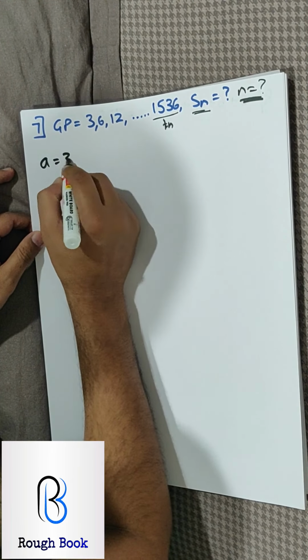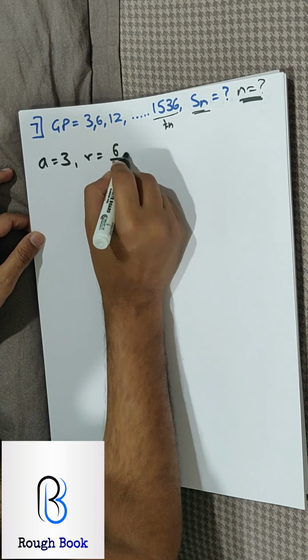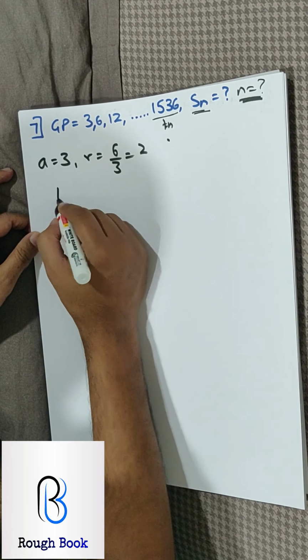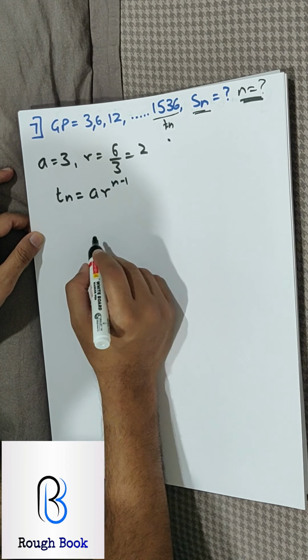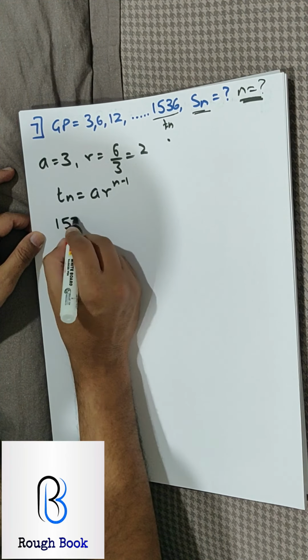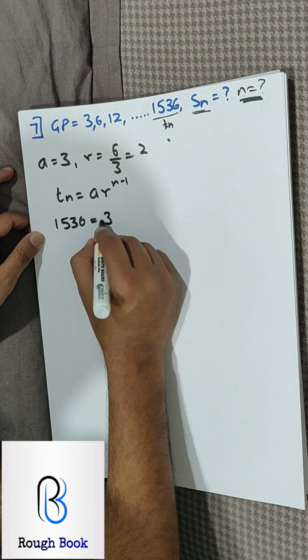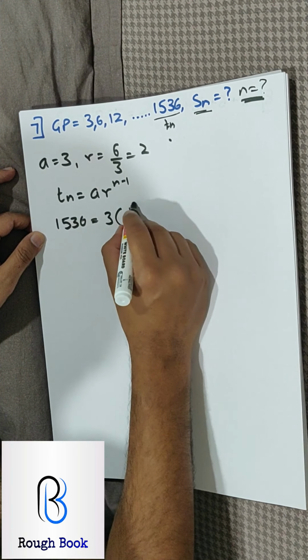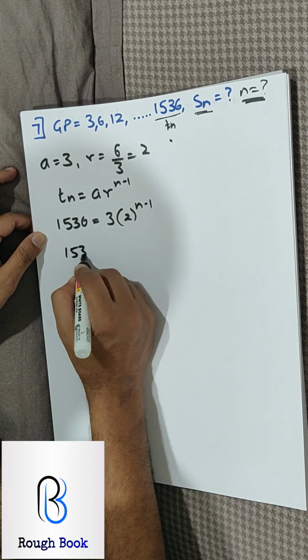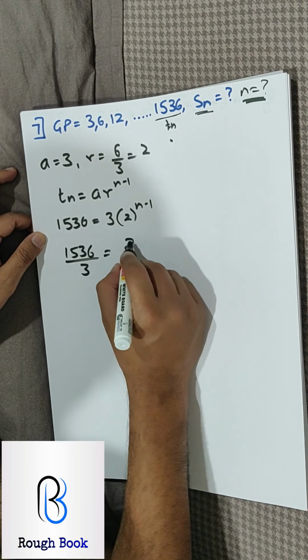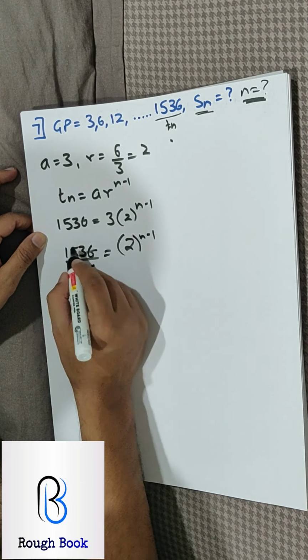So A is 3, R is 6 by 3, so 2. My target is first Tn. What is Tn? A R raised to n minus 1. So 1536, A is 3, R is 2 raised to n minus 1. Don't multiply this, rather divide this. So 1536 by 3 is 512, 2 raised to n minus 1.